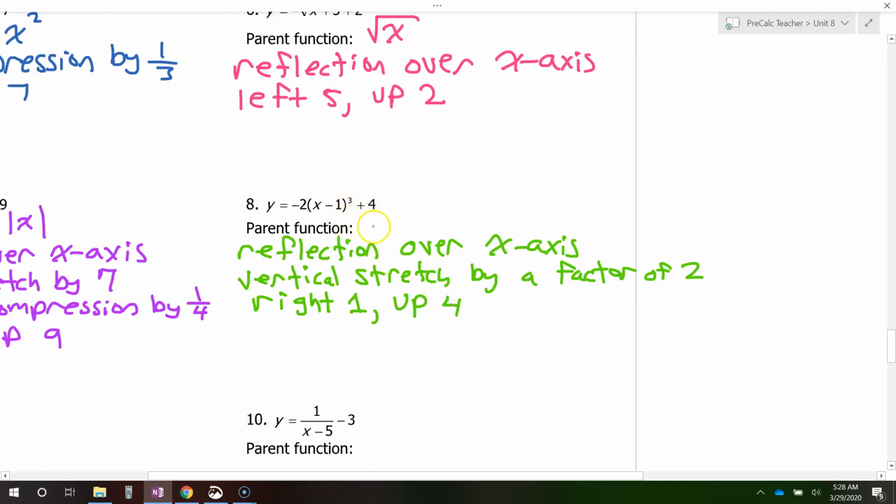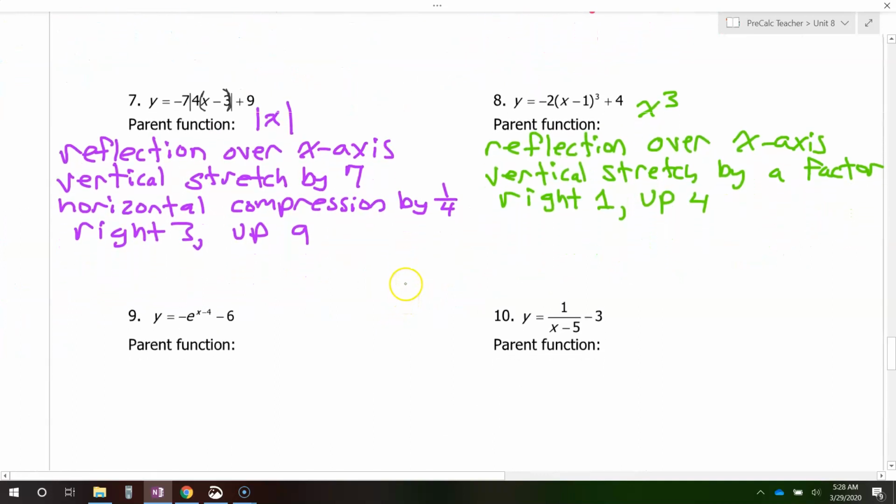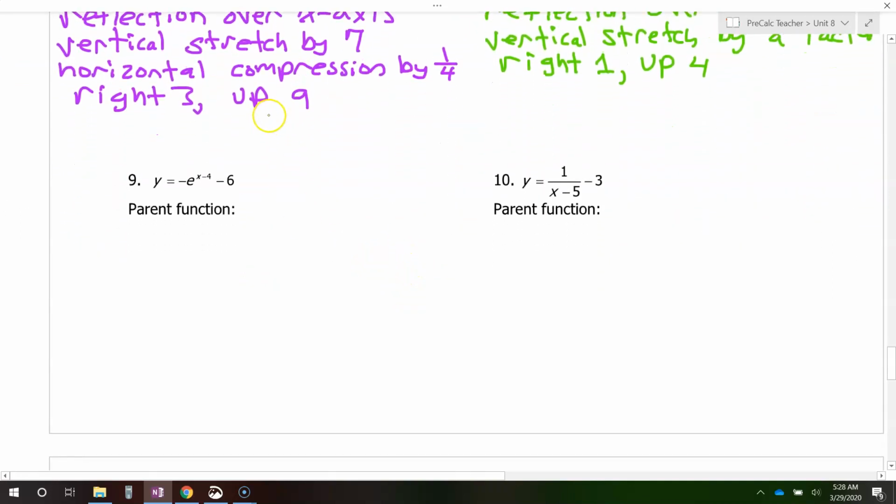I forgot to write down the parent function, which is x to the 3rd power. That's the parent function. The parent function here is the exponential function e to the x power.